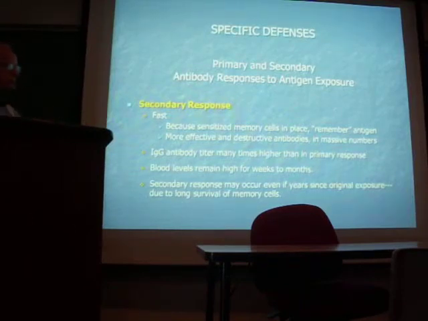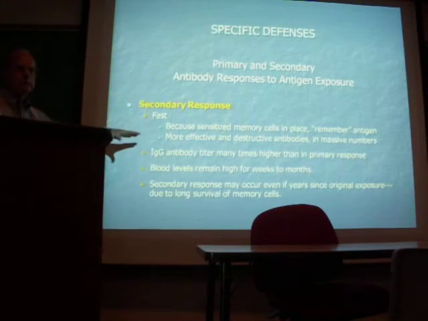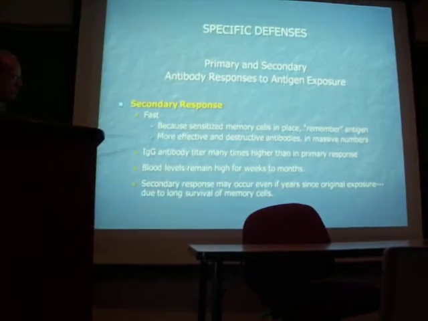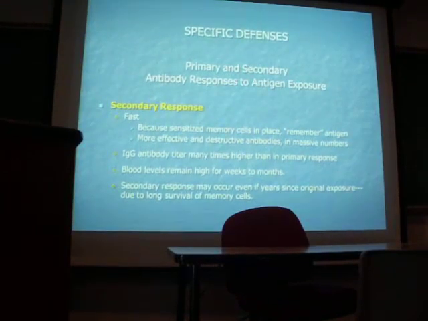So the response is going to be rapid, and the extent of the reaction is going to be more severe. So it's fast. Quick buildup of antibody titer. Those blood levels are going to remain high for a longer period of time.